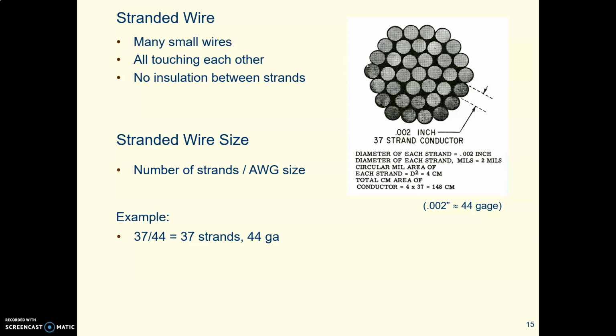And when we talk about the wire size, we use a system like you see at the bottom, a number slash another number. The first number is how many strands there are, and the second number is what AWG wire size each one of those strands is. So a 37/44 has 37 strands, and each strand is a tiny little 44 gauge.